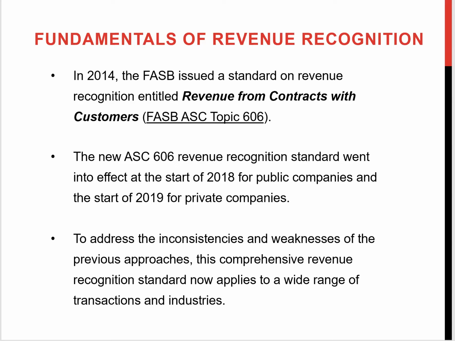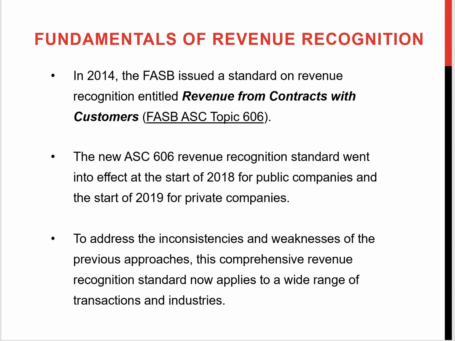And you all know that we recognize revenues when we transfer any goods and services to the customer in exchange of the amount that we expect to receive. And we must recognize revenues in the accounting period when the performance obligation is satisfied.